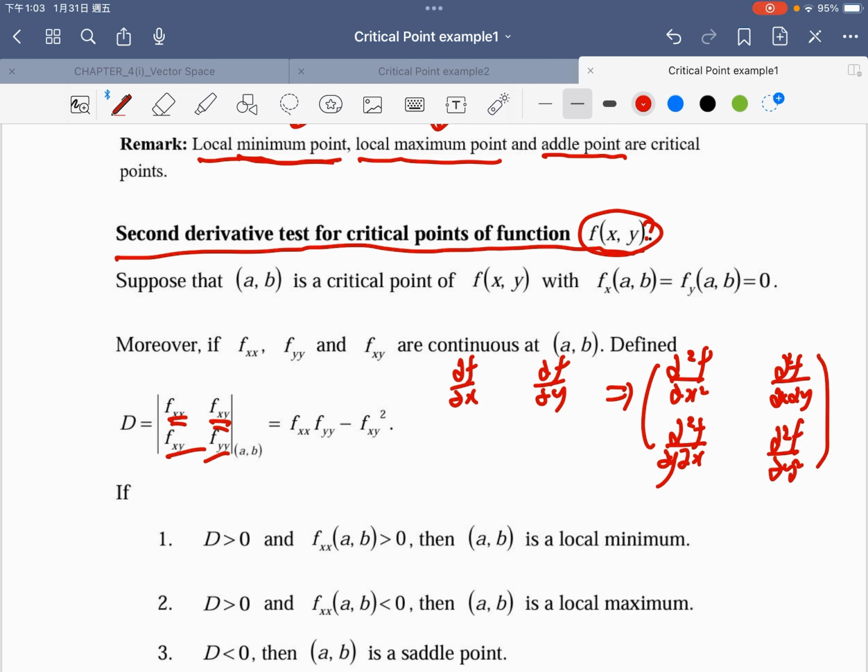We write this as fxx, fxy, fyx, and fyy. It is called the Hessian matrix.